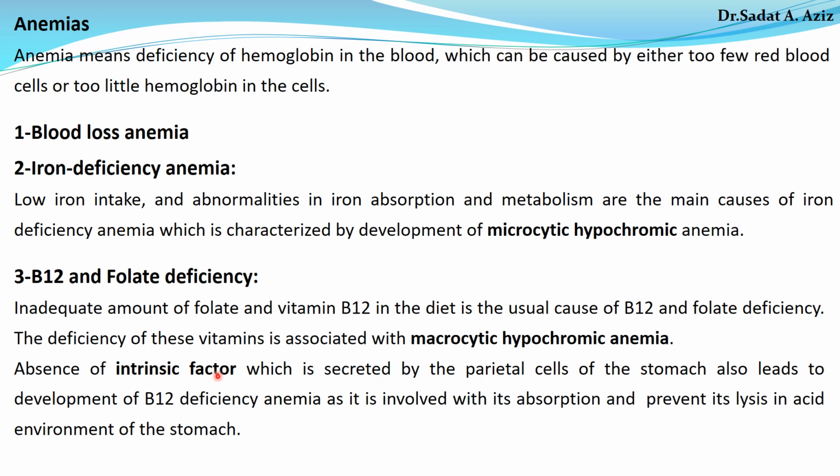So the absence of intrinsic factor, which is released by the parietal cells of the stomach, also leads to the development of B12 deficiency anemia, as the intrinsic factor is involved with the absorption of B12 and prevents its lysis in the acidic environment of the stomach.